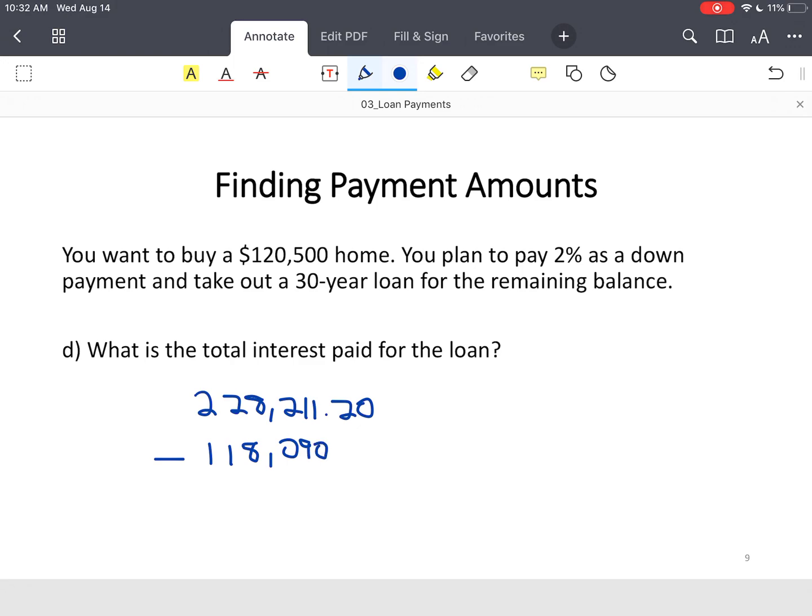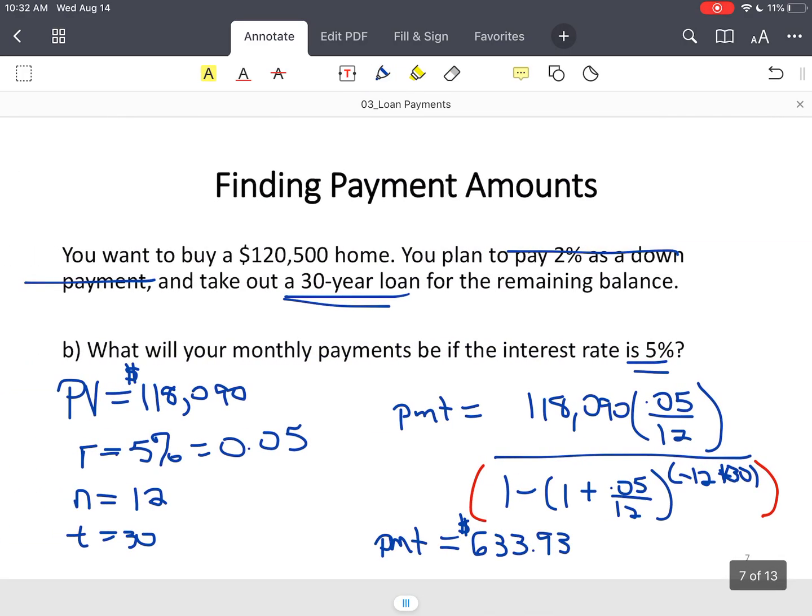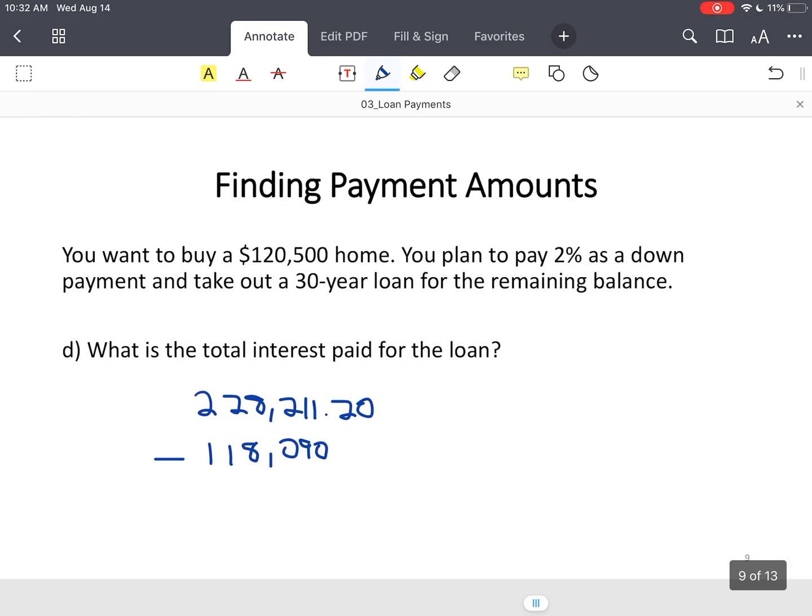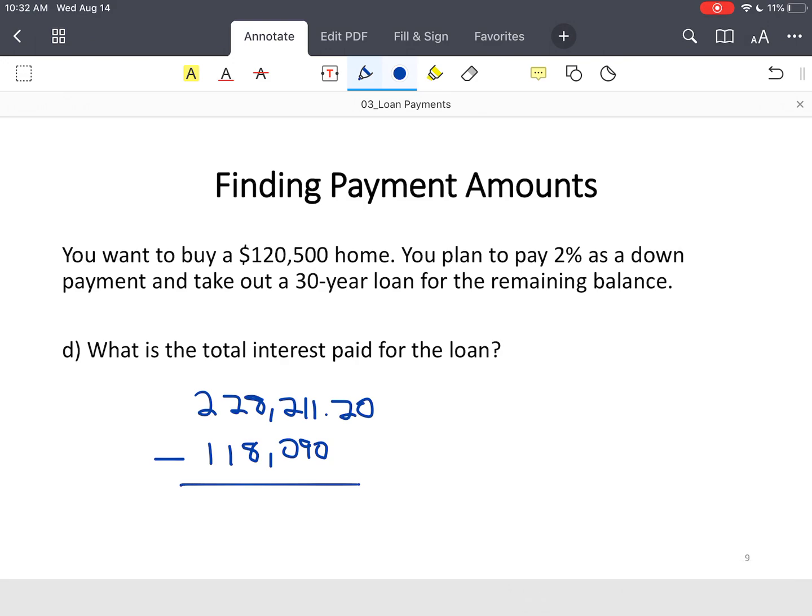I believe, let's make sure that's the right number. Okay. So you subtract, that's all you do. So $228,211.20 minus $118,090.